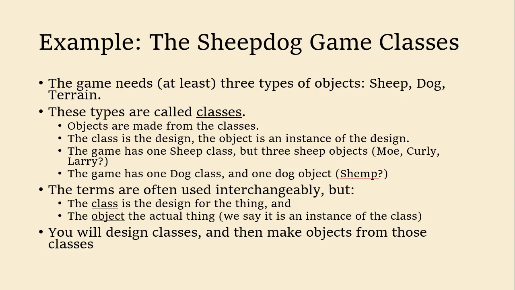So that's pretty common to talk that way, but always keep in your mind that the class is the actual design, and the object is an instance of that design, an instance of the class. So you're going to design classes and then you're going to make objects from those classes. You'll design your sheep and then you'll start making sheep. You'll design your sheepdog and then you'll start making sheepdog.